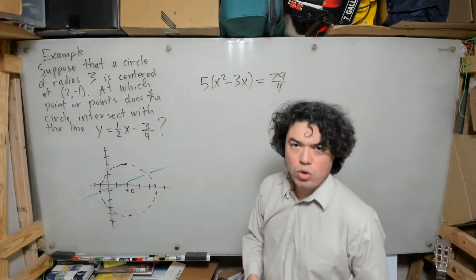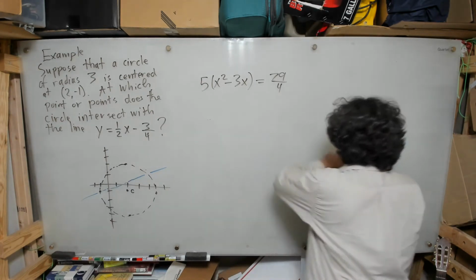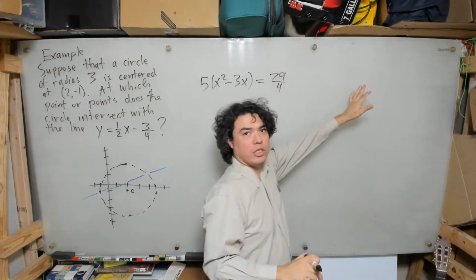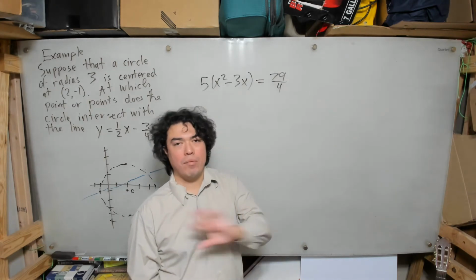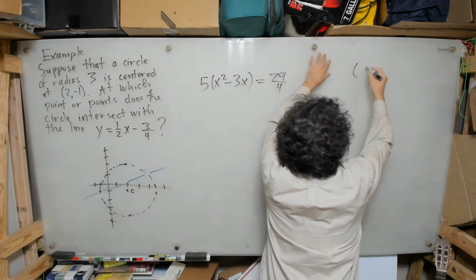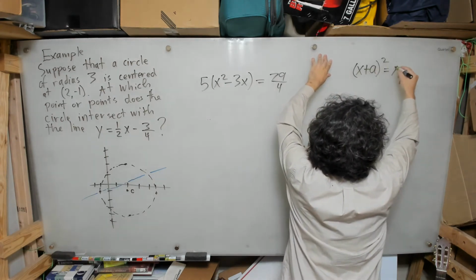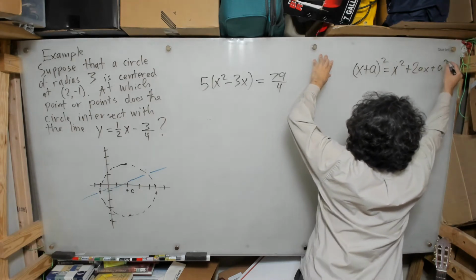So now I want to recall how we're going to do the completing the square. The reason why I'm going to do it explicitly here without writing the formula first is because I want you to remember that you don't have to memorize the formula that I'm going to use. You'll have seen me write x plus a squared equals x squared plus 2ax plus a squared, right?